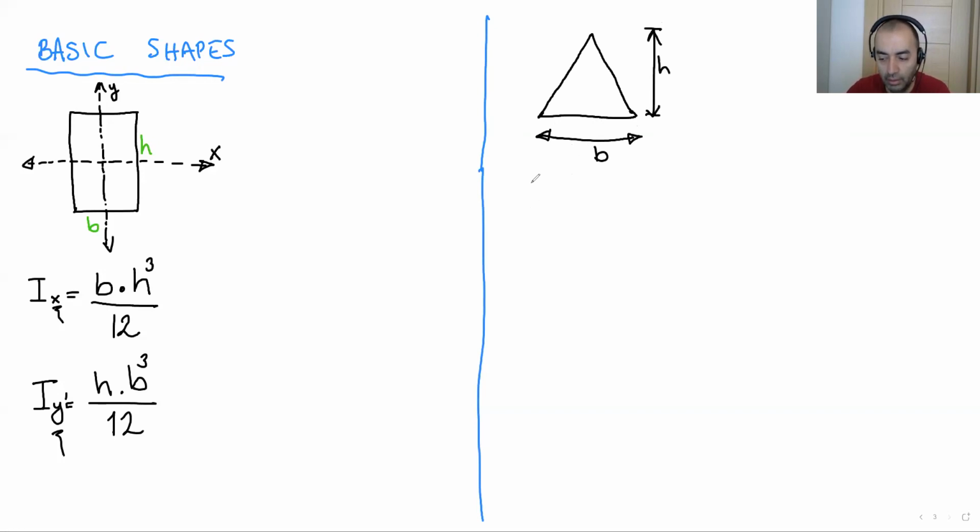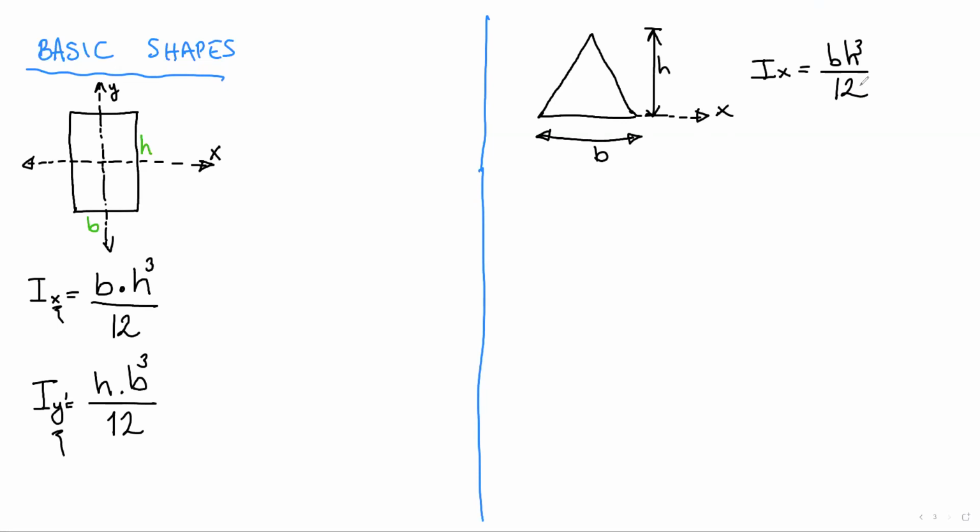Here, for X, for example, if you'd like to get Ix, it is almost similar to the rectangle. This is for the triangle.